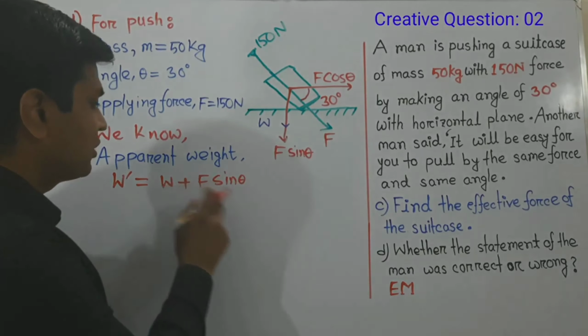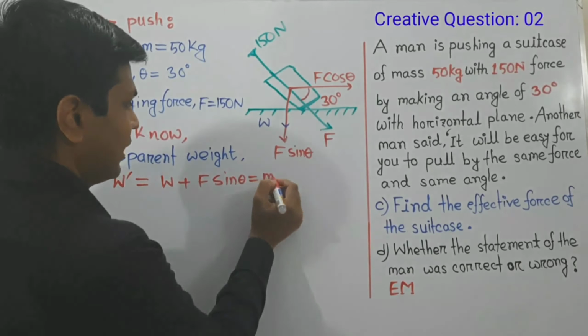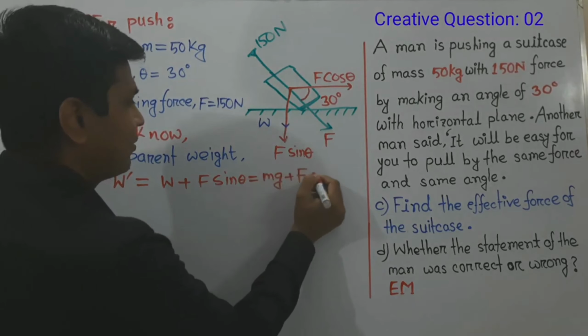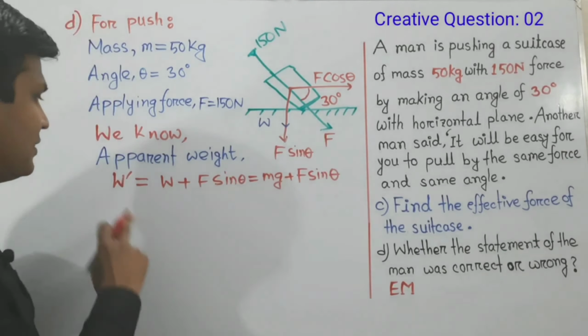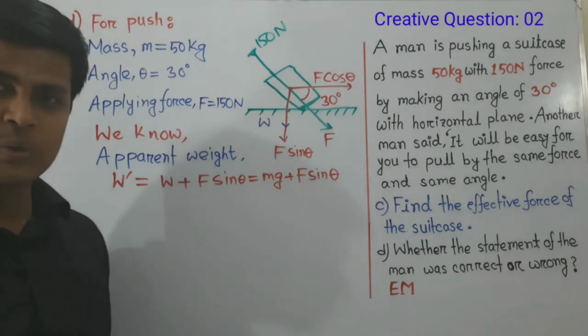Here W is not given and we know the weight is mg, so we can write the formula mg plus F sin theta. This is the formula of apparent weight in case of pushing a suitcase.